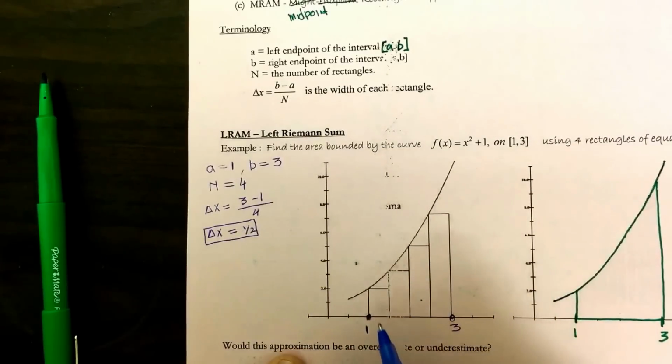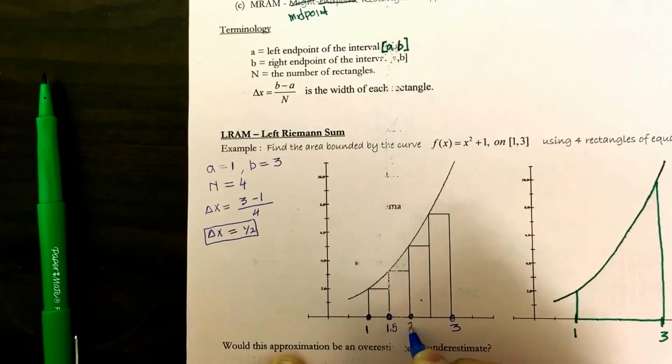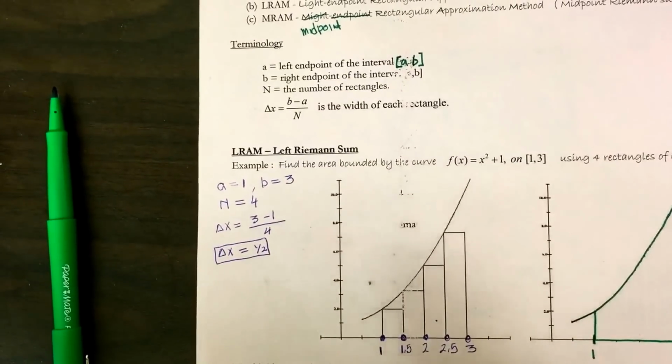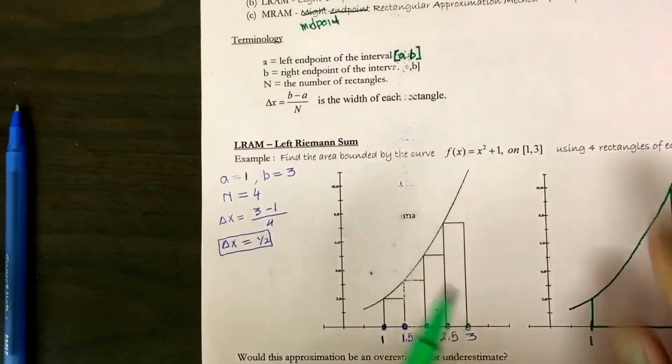Our width is 1/2, so the next line over is 1/2 unit from where we started, which means that this is 1.5, and then the next line over is 1/2 from the previous number, which is 2, and then this is now 2.5.